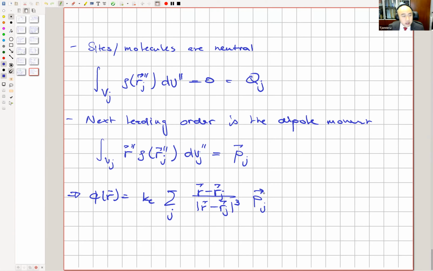Okay, so this is in principle sufficient, right? The formula that I've got now is simply adding all the contributions, all the different dipole moments at every single molecule.